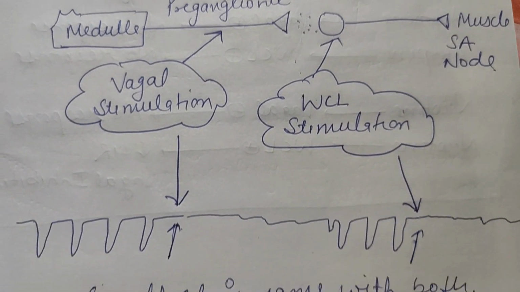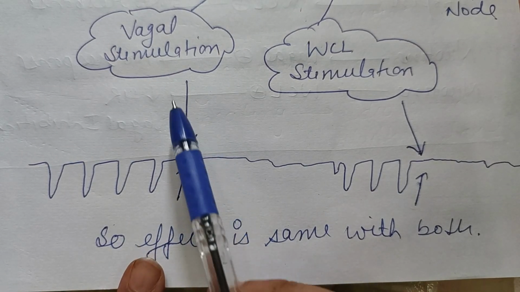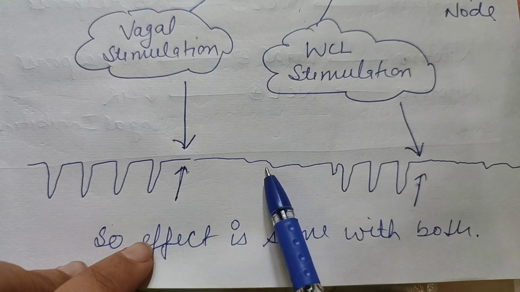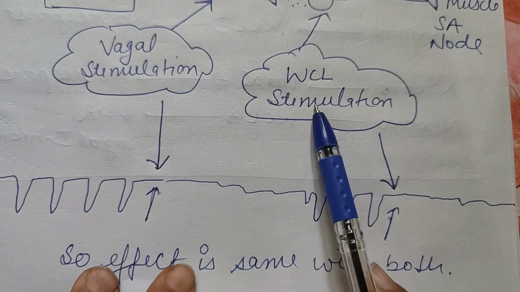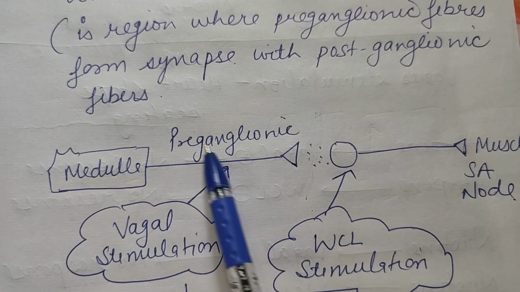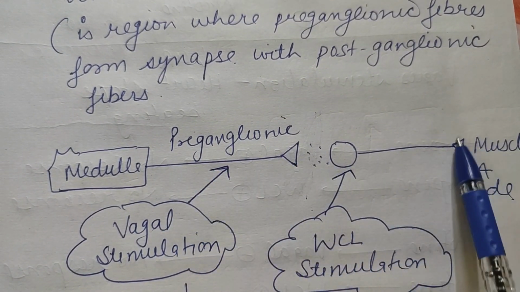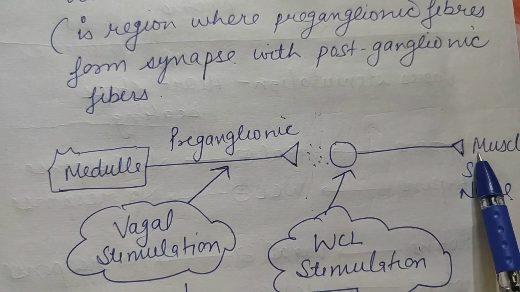First of all, on a normal cardiogram, if we stimulate the vagus, the heart beating stops. This is vagal inhibition. Stimulating the vagus stimulates the parasympathetic system, and we know parasympathetic stimulation leads to a decrease in heart rate.